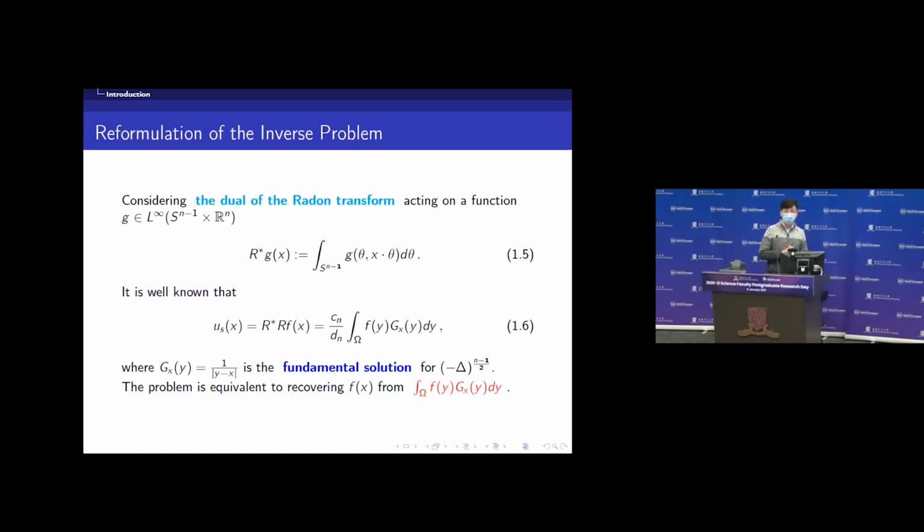The kernel function here we call the fundamental solution for an operator, and this kernel function is 1 over the distance between two points, x and y. Our ultimate goal here is to try to recover f from this kind of integration.